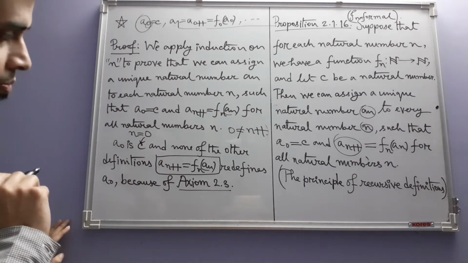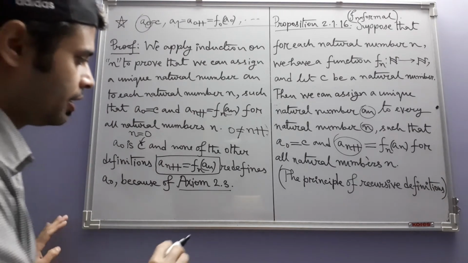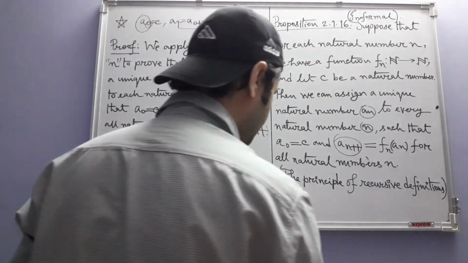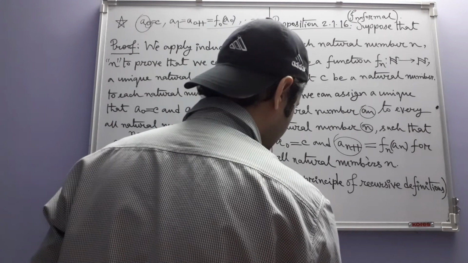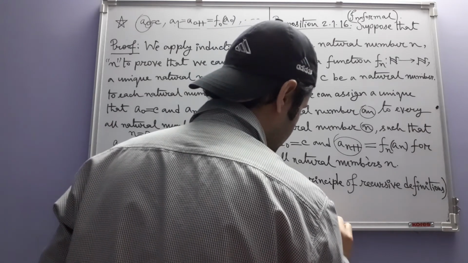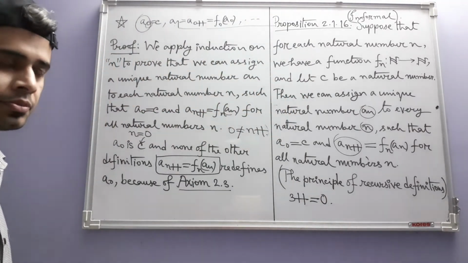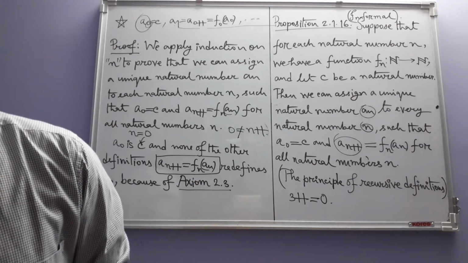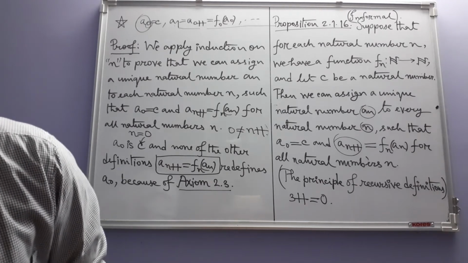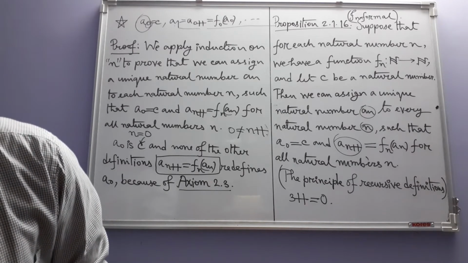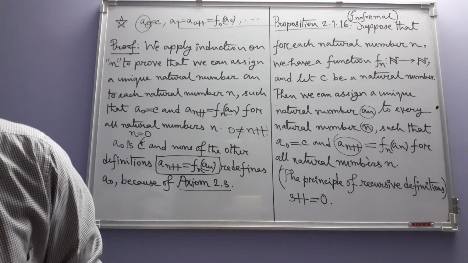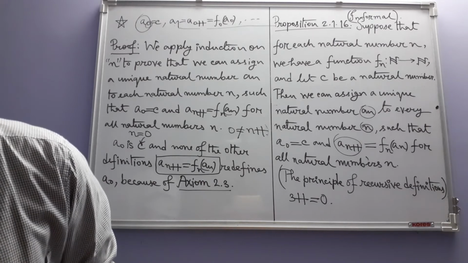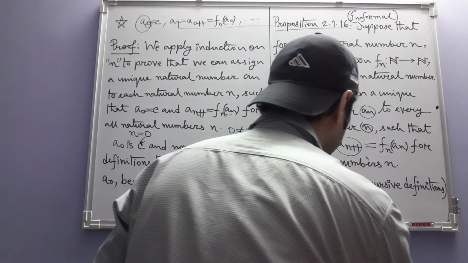If you recall, in one of the examples where we encountered a problem with a number system, we had something like this: 3 plus plus is equal to 0. If I be specific, that was example 2.15.